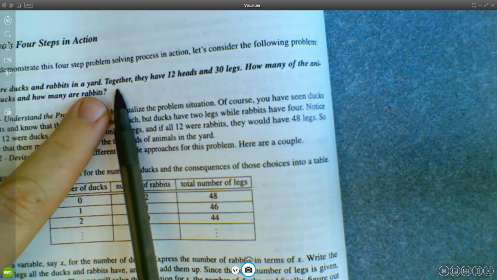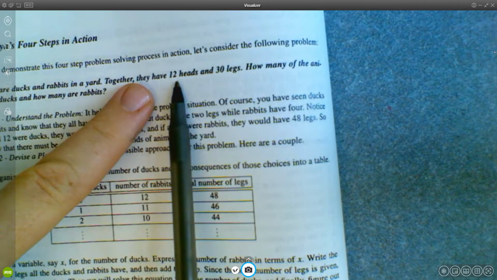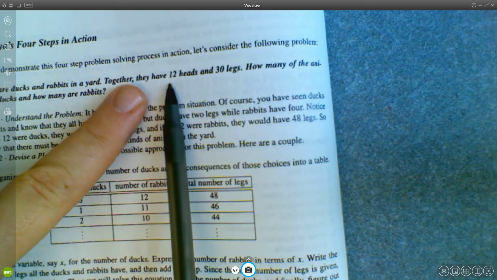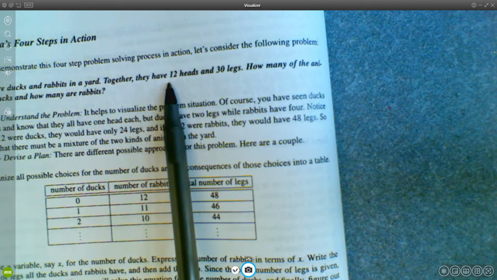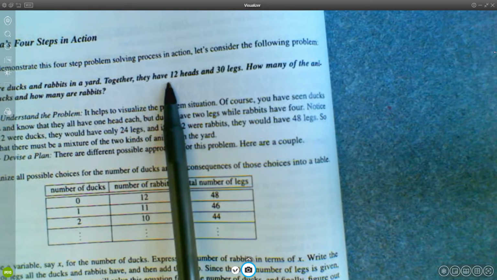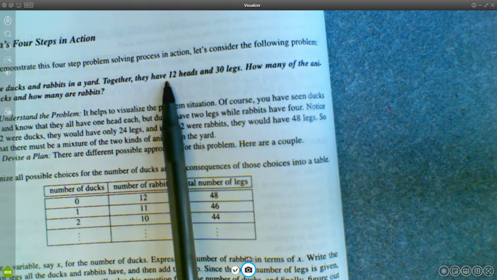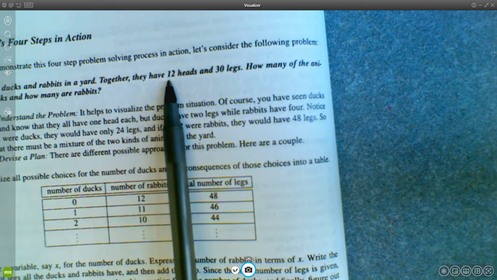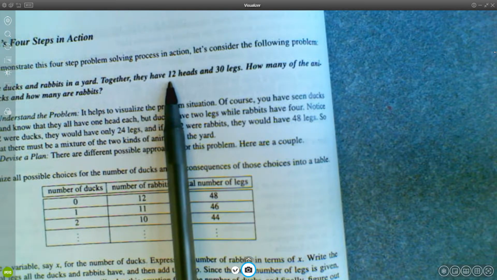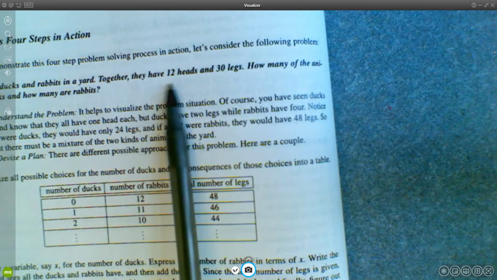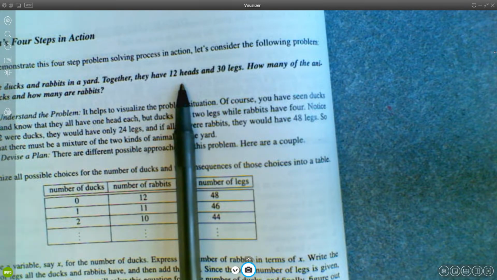the idea is that together the ducks and the rabbits have 12 heads. What that tells you is that, unless there's an animal running around without a head, or with multiple heads, which doesn't typically happen, usually there's one head per animal. So if together they have 12 heads, that means there are 12 animals in total, okay?